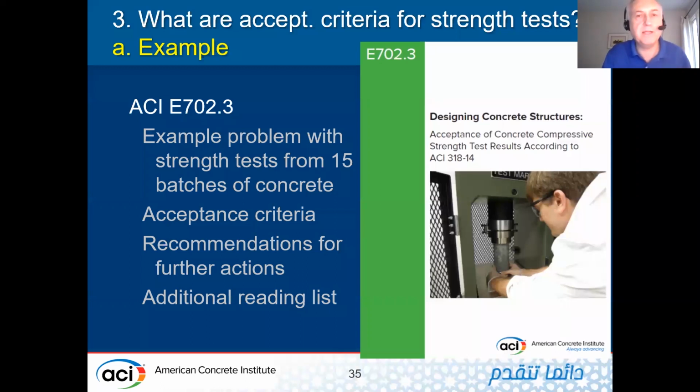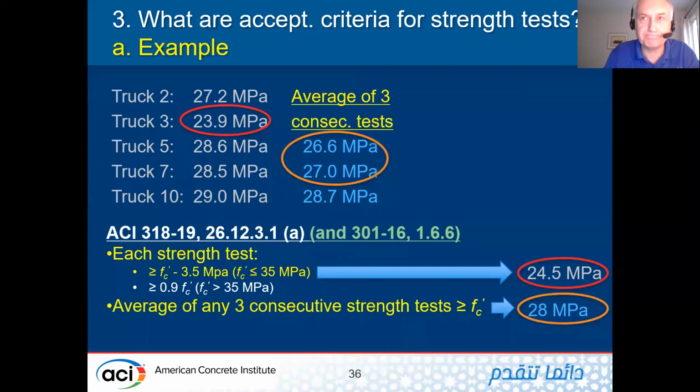It has like 15 examples with individual cylinder breaks and everything. However, it's not in SI system of units, it's in US units, but being engineers, I think you will have no problem converting from English units or US units to metric SI. But again, have a look at this if you'd like to see it in more detail.